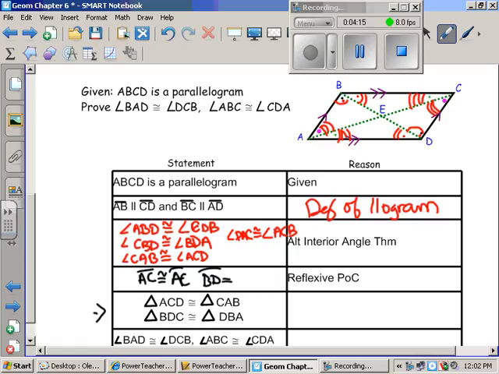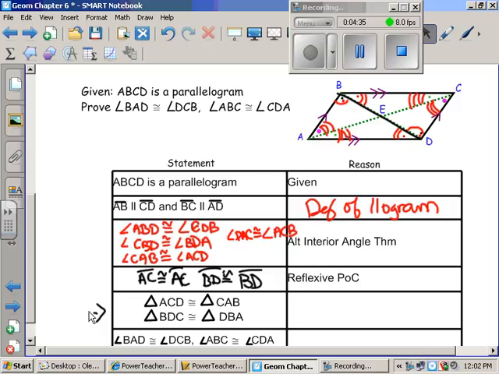So basically we're just identifying the diagonals, because this diagonal is going to be a side of these two triangles, and this diagonal AC is going to be that side of the triangles going the other way.